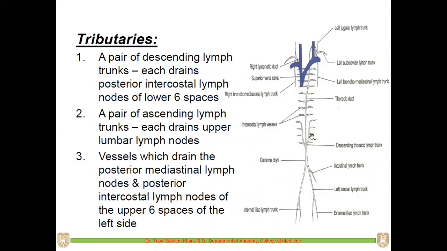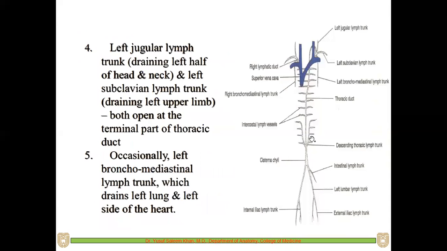The lower six intercostal spaces are drained by the descending thoracic trunks, but the upper six will be draining directly. If you see here, these are the posterior mediastinal lymph vessels which are directly draining into the thoracic duct. So the upper six directly, the lower six by the descending thoracic lymph trunks.